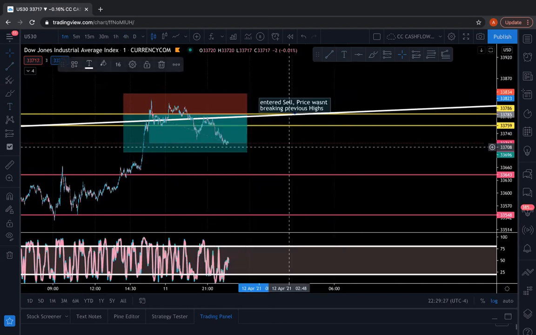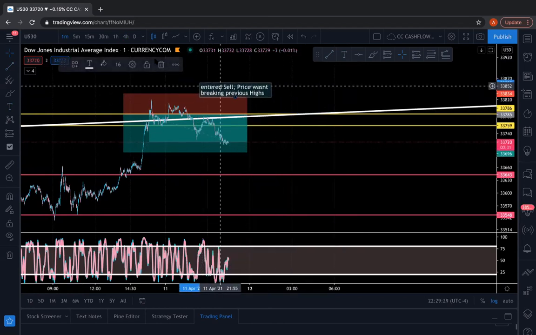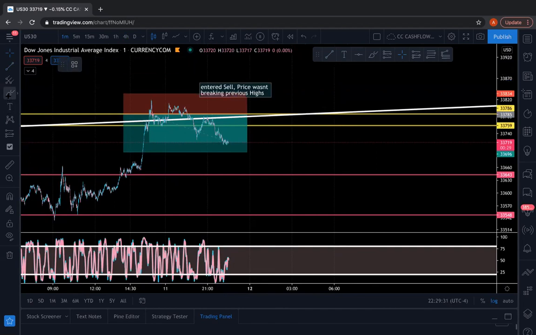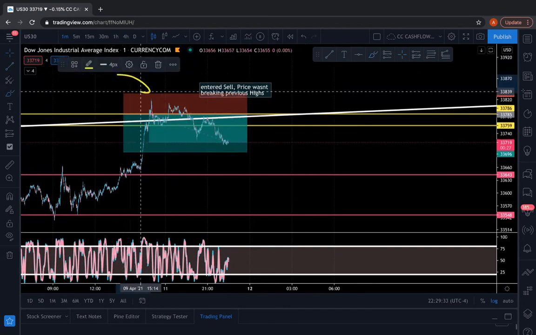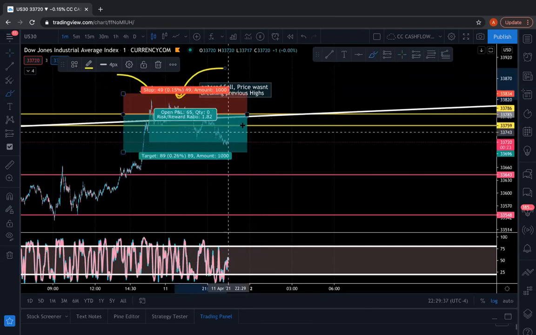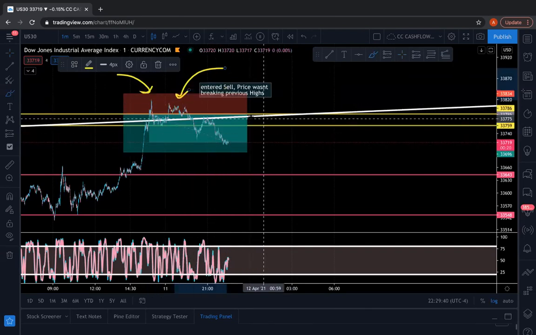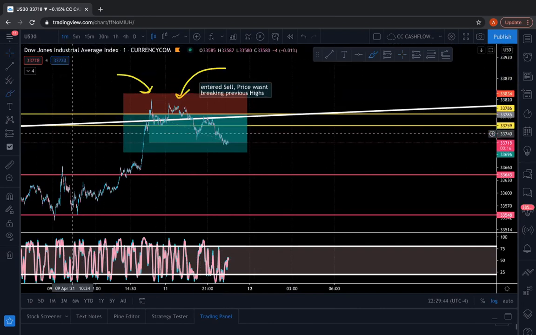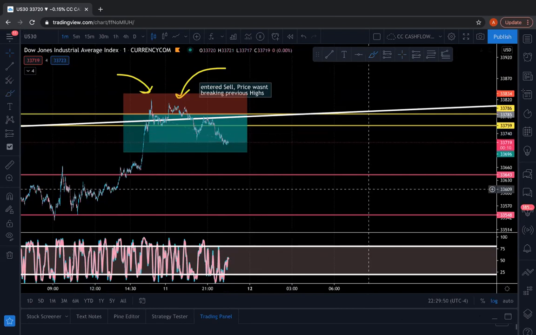Again, I will understand what this means. Let me get my drawing tool and put an arrow here and here. So again, I entered into my sell. This is just a quick thing so I can show you guys why I entered. Boom. Cool.